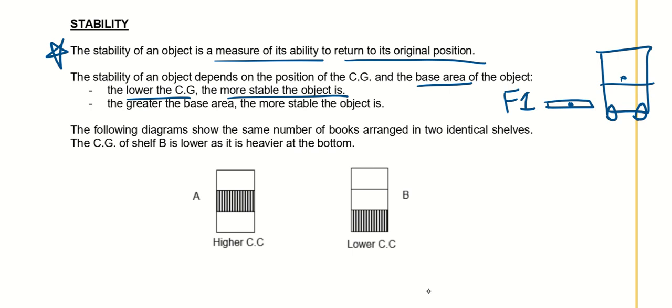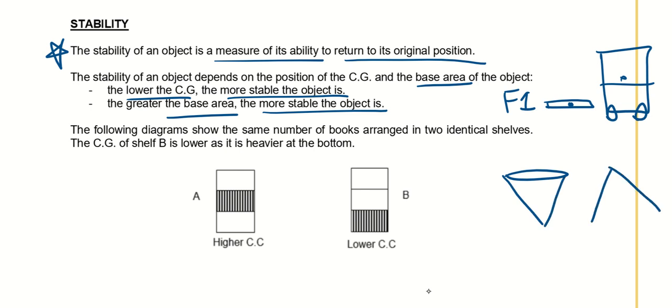Next, the greater the base area, the more stable the object is. So if I have an object that looks like this, and if I tilt it the other way around, in which orientation is it more stable? But before that, where is the CG? Here, because we have more mass, it will be around this place, right? And let's say this is the ground level.